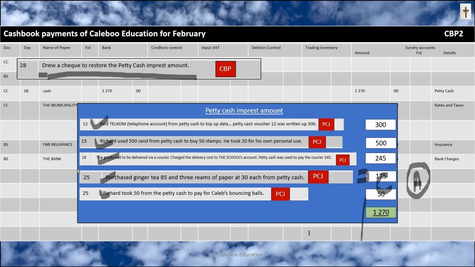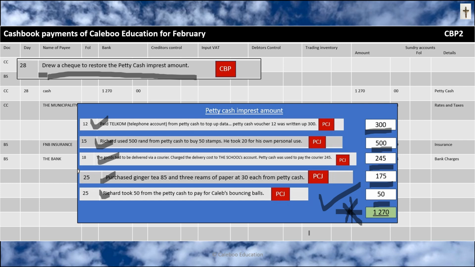So to get back to the 1,500, we need to replace into petty cash the amounts of money that were spent. And if you go and add up all those transactions, 1,270 was spent in the month of February.